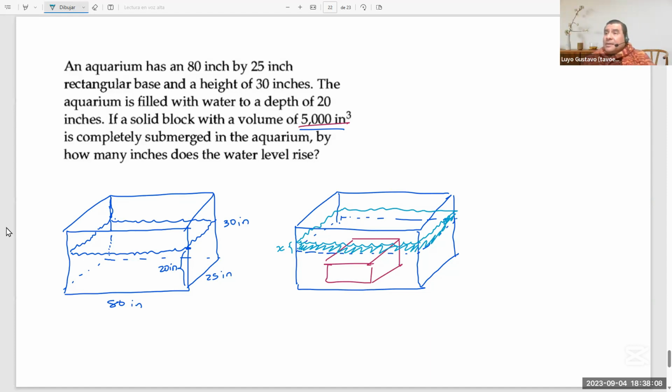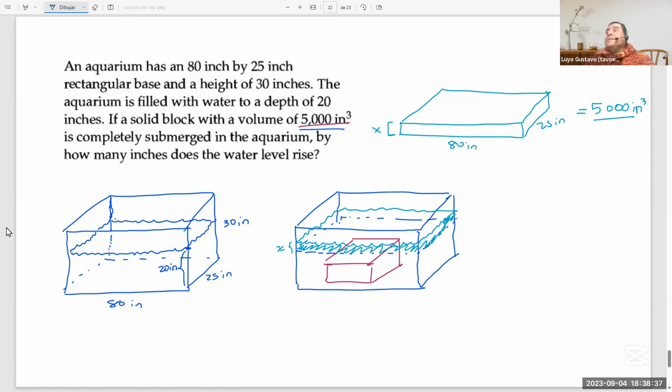But here, the thing is that the volume of this layer, which we can visualize as another prism or rectangular box whose dimensions are 80 inches length, 25 inches width, but the height is just x inches, is exactly 5,000 cubic inches.